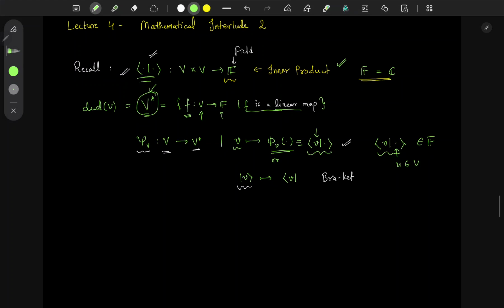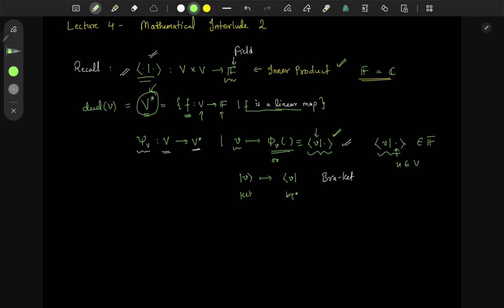Now this is typical mathematical notation. If you want to write it in bracket notation, which we are using so far and will use in the future for quantum mechanics, it simply means that you take a ket vector and send it to its corresponding bra vector. This is a ket and this is its corresponding bra, and they are called dual.